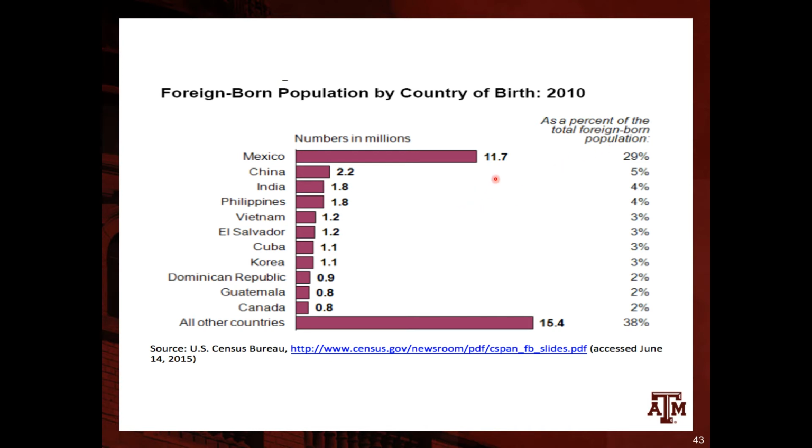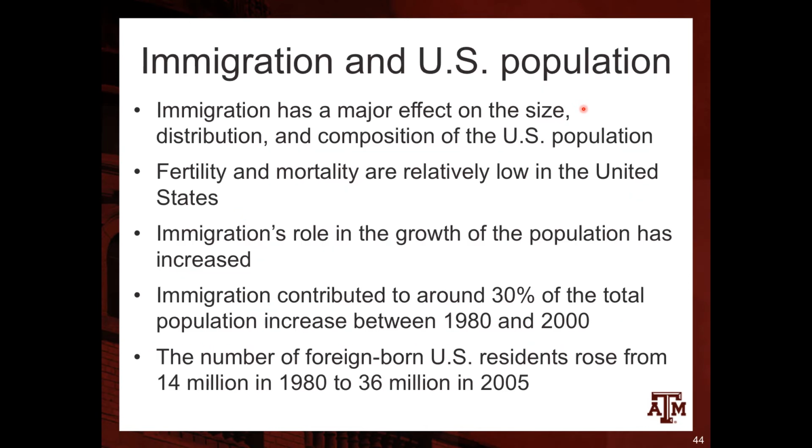So although we saw in previous graphs that the numbers of immigrants from Mexico declined in more recent years, the overall number of immigrants from Mexico is still really high, pretty much 30% of the total foreign-born population in the country, even in more recent years.